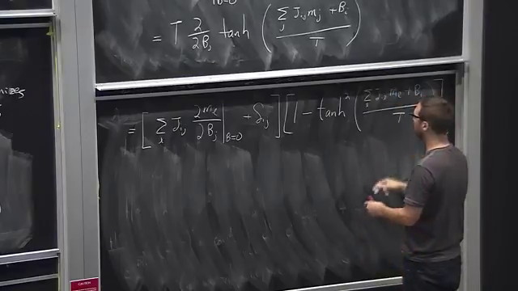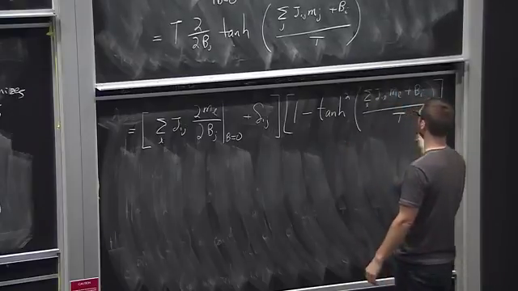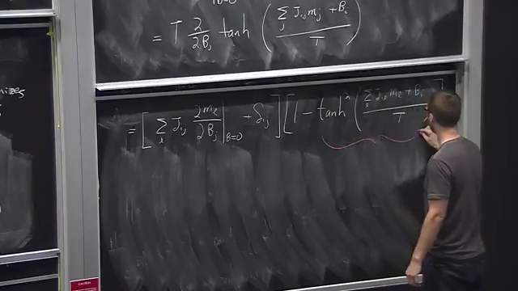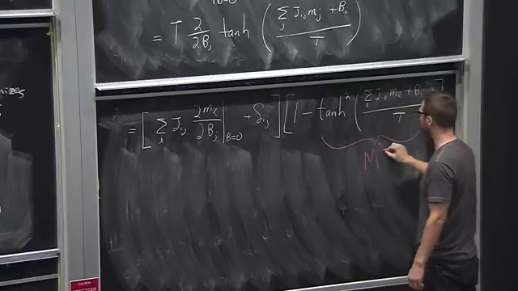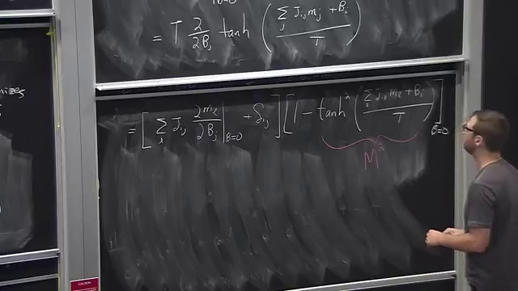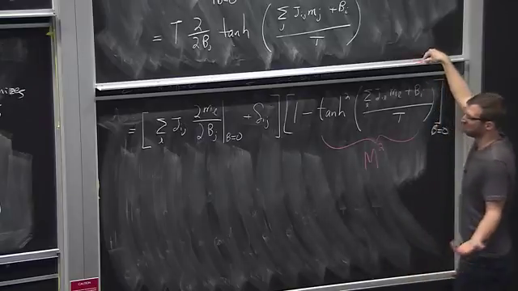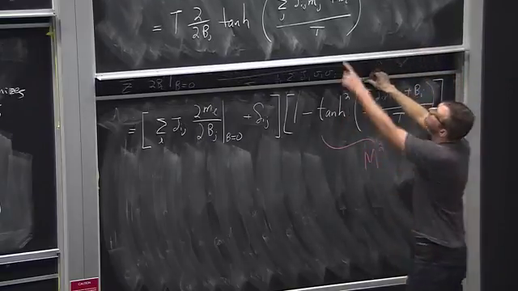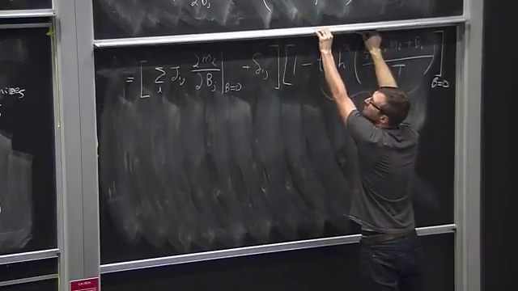Okay, so just taking a derivative. Just to simplify things, let me call this object here, that's just your mean field magnetization squared. Right? Makes sense. That's what I basically wrote up there.